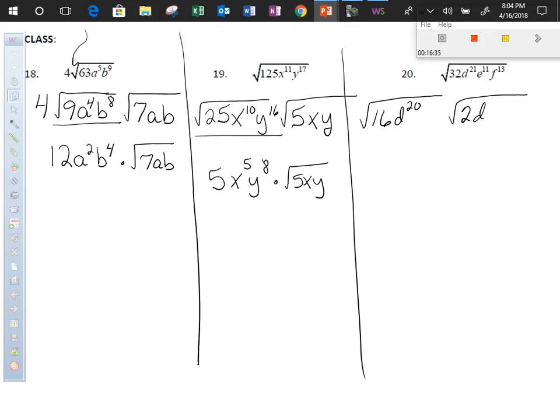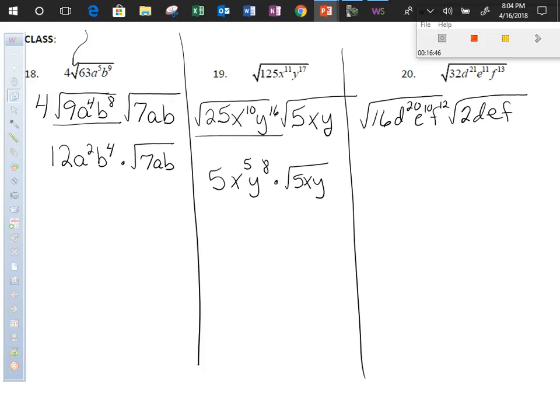There's another one there. E to the 10th, which leaves 1 there. F to the 12th, which leaves 1 there. Now let's go get our answer. So I've got 4 d to the 10th, e to the 5th, f to the 6th, times the square root of 2def. So there's my answer.